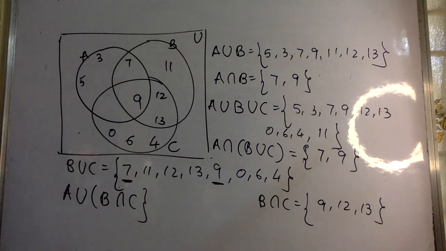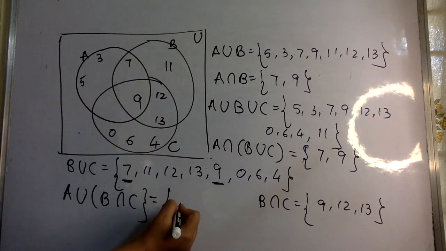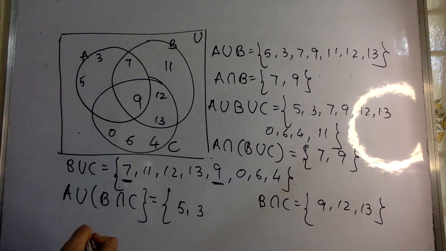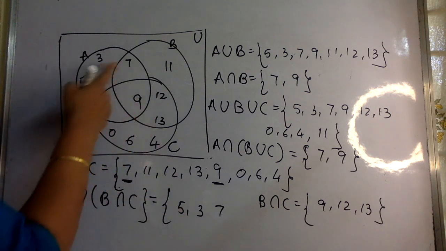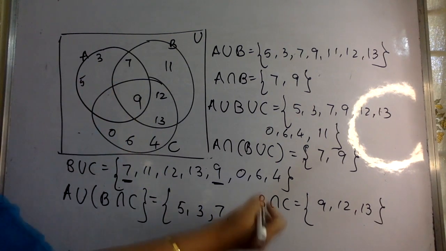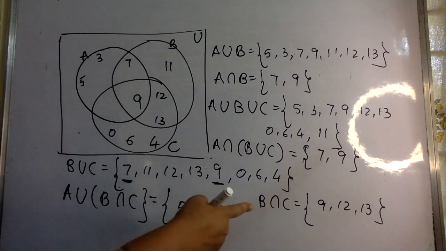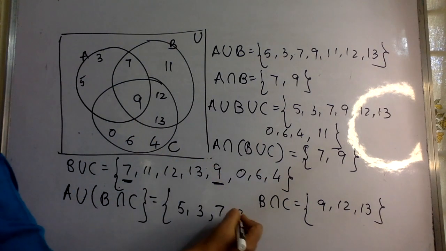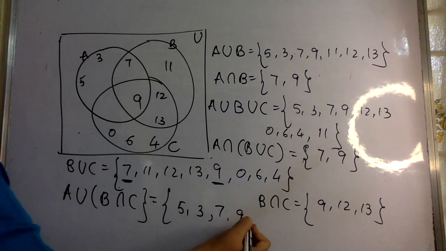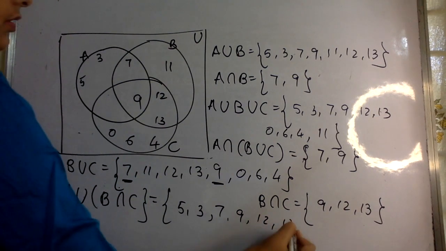So we have B intersection C with that union of A. So we have to join up. So 5, 3, 7, that was in A, and with that let me join up B intersection C. So 9 we are getting from that intersection only, 9, 12, 13.